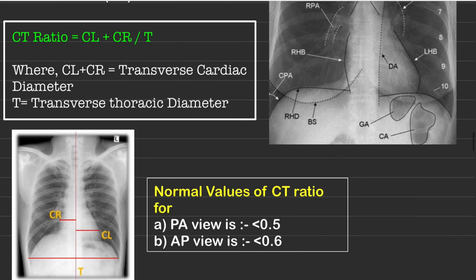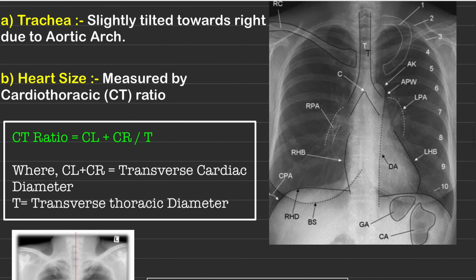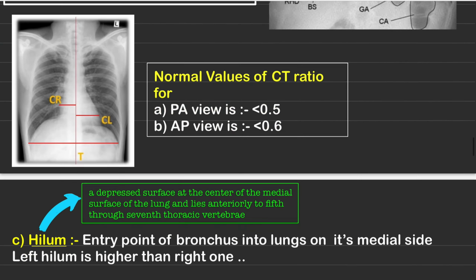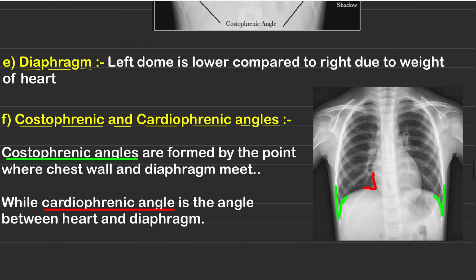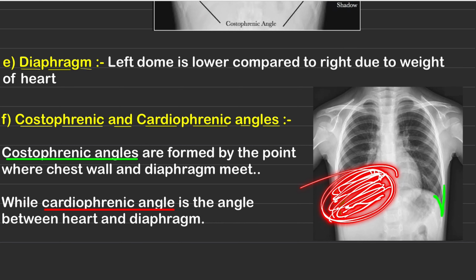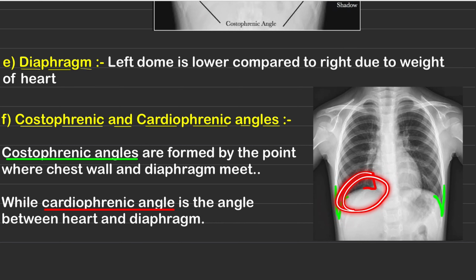Then we will also look at the cardiothoracic ratio, as in case of cardiomegaly this ratio is increased. We will look at them in the next part of the video. Then we will look at the angles, whether the angles are visible or not. If the angles are not seen, this is the case in pleural effusion, because the fluid accumulates, and in the X-ray we will not be able to see any of the angles.